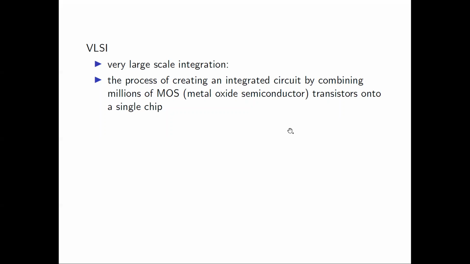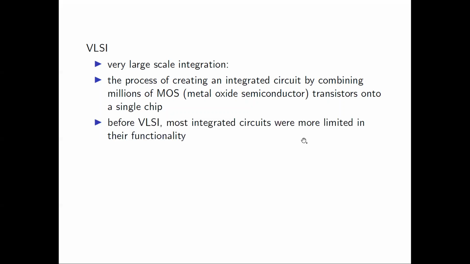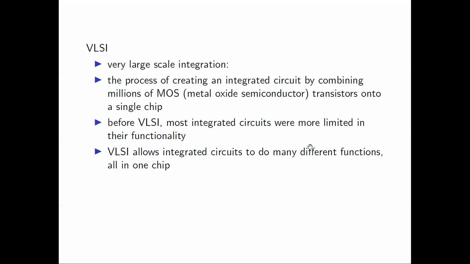And before VLSI, most integrated circuits had pretty limited functionality. But with VLSI, integrated circuits were able to do many different functions, ones that would have been done on separate integrated circuits before, but VLSI circuits allowed you to do all these different functions all in one chip.